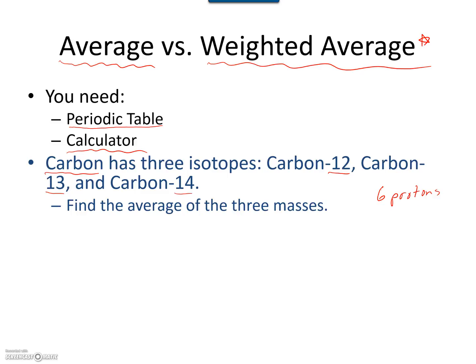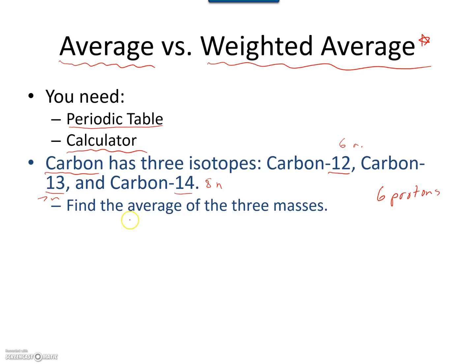If it doesn't have 6 protons, it's not carbon, right? Those different masses are made up for by different numbers of neutrons. So carbon 12 would have 6 neutrons, 13 would have 7 neutrons, 14 would have 8 neutrons. That's all that stuff we learned back in the last ChemQuest.